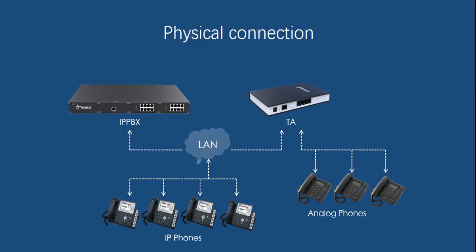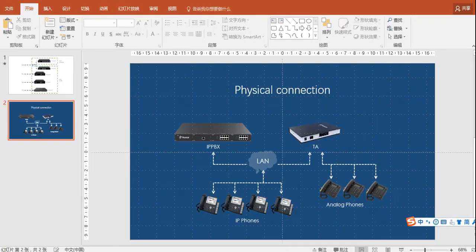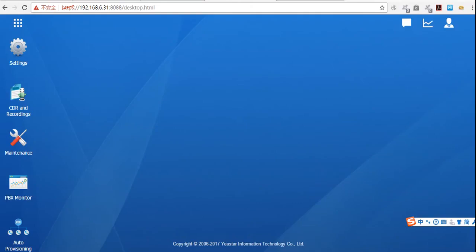Okay, now let's get into the WebGUI. All right, here we go. So first of all, let's talk about TA gateways that come with FXS ports. So the gateways that you use basically to connect analog phones.